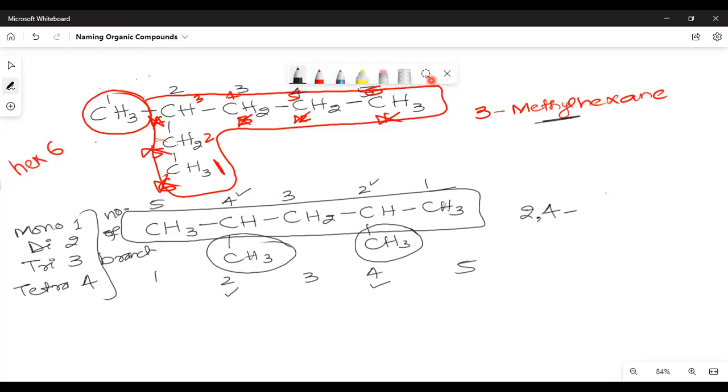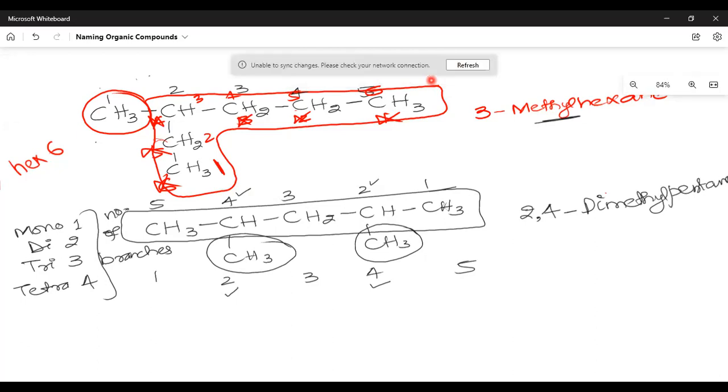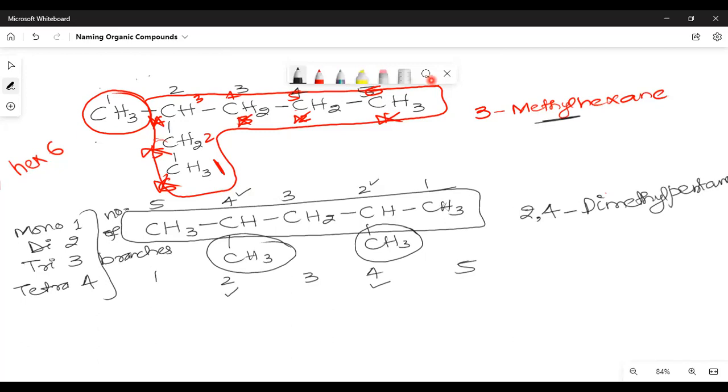Since we have two branches, that is going to be dimethyl. Since each branch has one carbon atom, so meth, methyl, and so dimethyl, and then it becomes pent for 5 carbon atoms, and then ane, dimethylpentane.